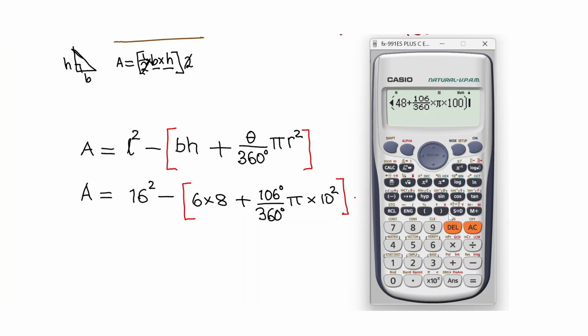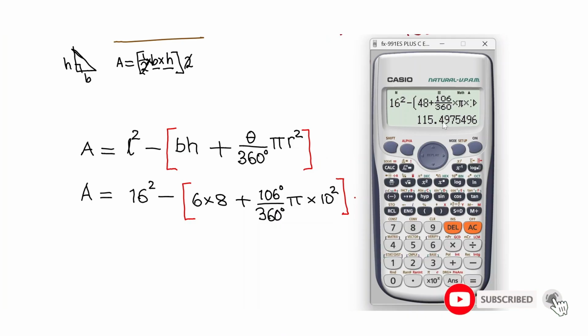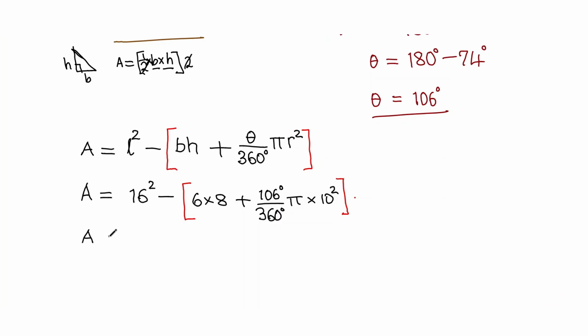So closing up this bracket, and we punch our equal sign, we have 115.4975496. So we can round to one decimal place. It becomes 115.5 square centimeters. Now let's record this down. Therefore, A is equal to 115.5 square centimeters as the area of the gray region.